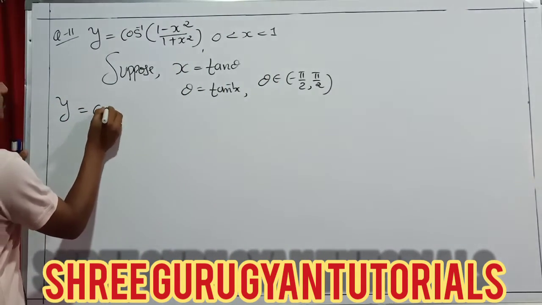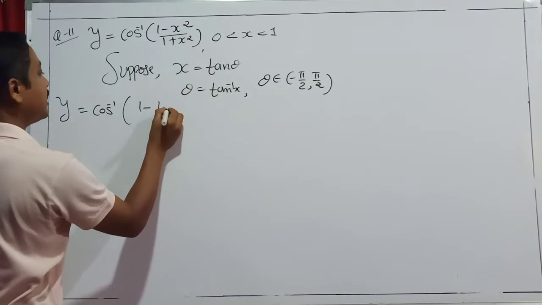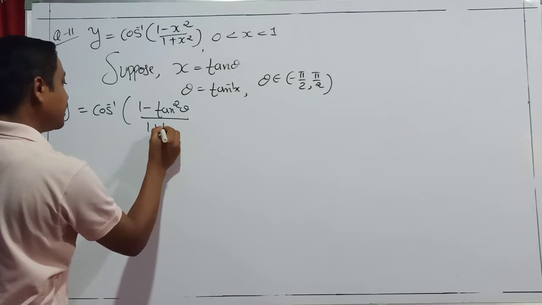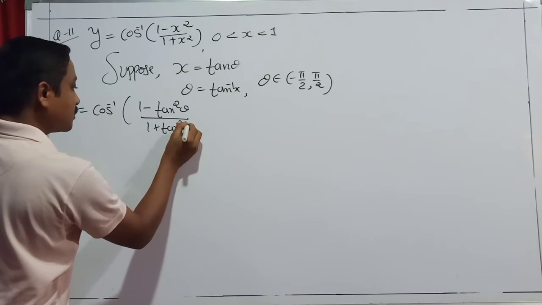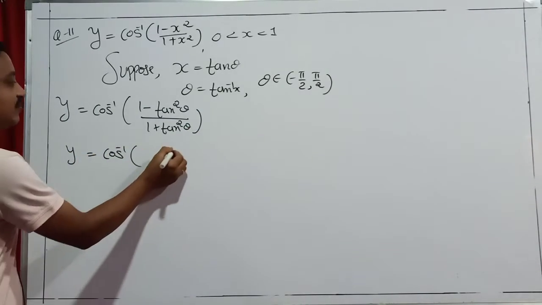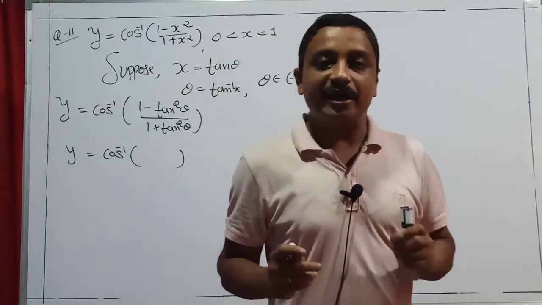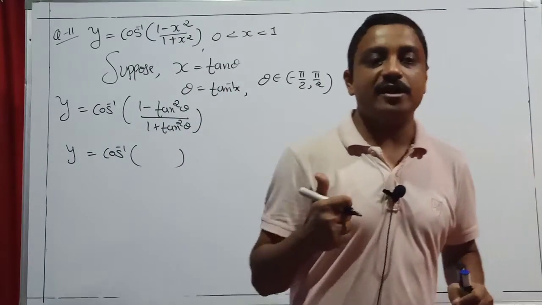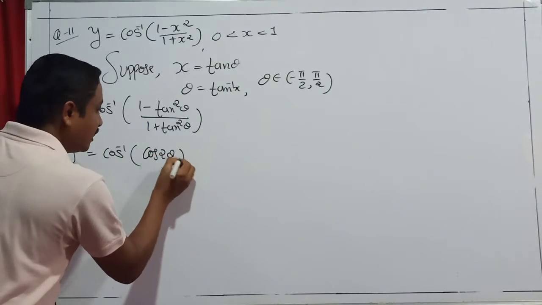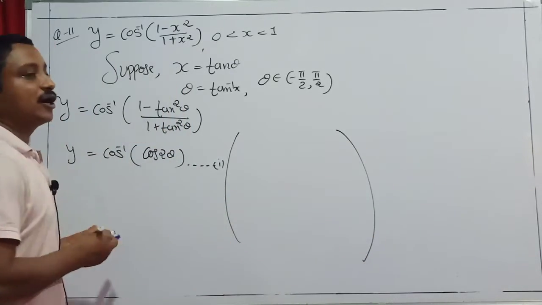Cos inverse of (1 minus tan square theta) by (1 plus tan square theta), and that is the full formula. Yes, what is the formula? 1 minus tan square upon 1 plus tan square. Yes, it is cos 2 theta. So I just apply cos 2 theta here, getting statement 1, and start our conditions.